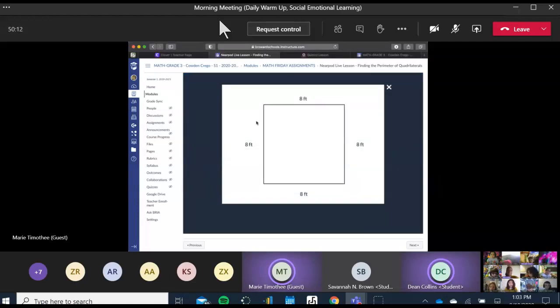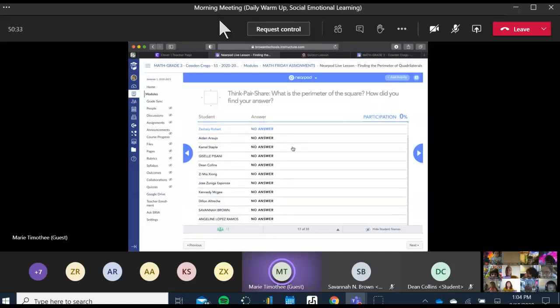Remember we said that when it's a square, whenever all the sides are equal, there's a strategy that we can use to find our answer very quickly. I want to see if you guys can remember to use that strategy.